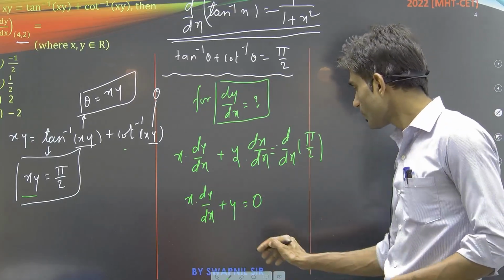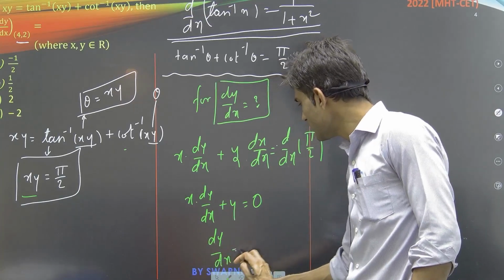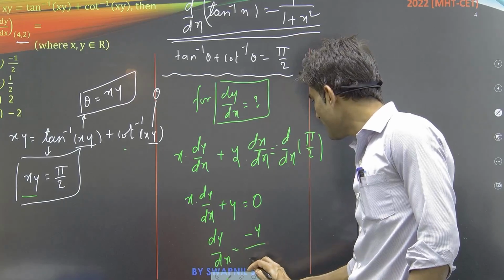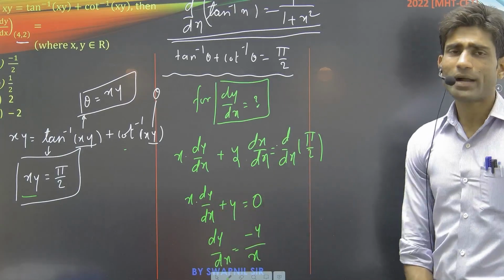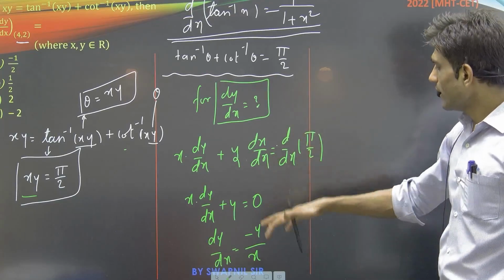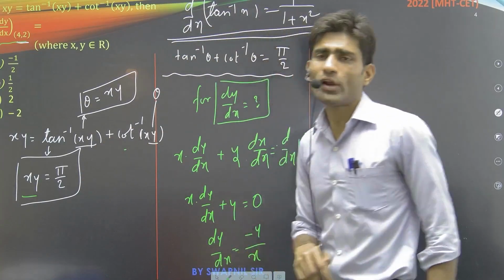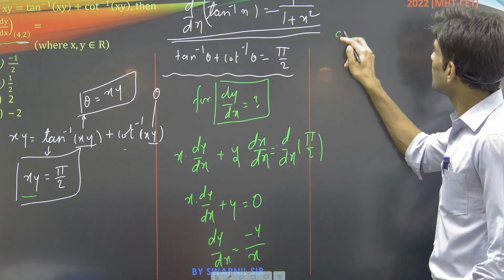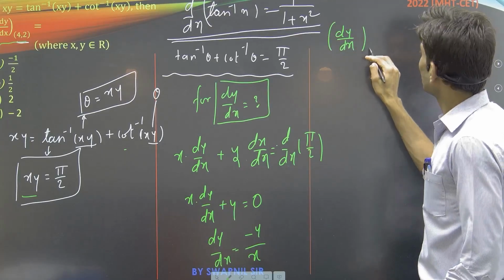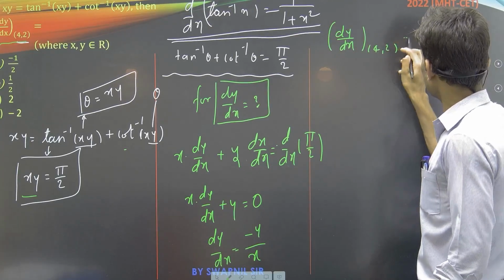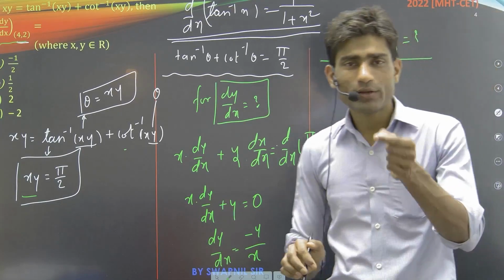So dy by dx can be written as minus y divided by x, because x is a multiplicand here and becomes part of the denominator. But we want the value of dy by dx at the point 4 and 2.